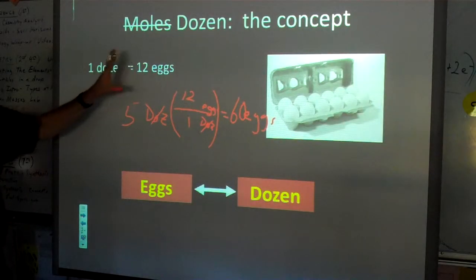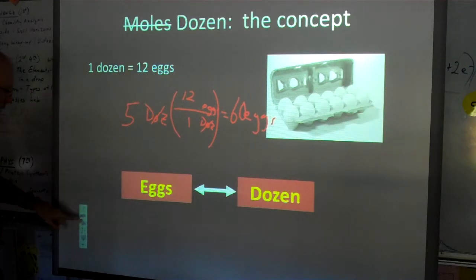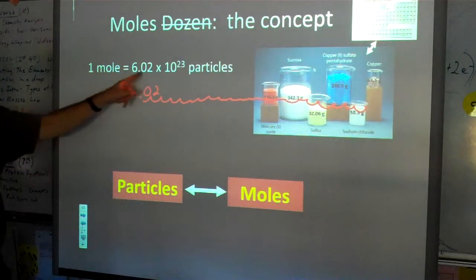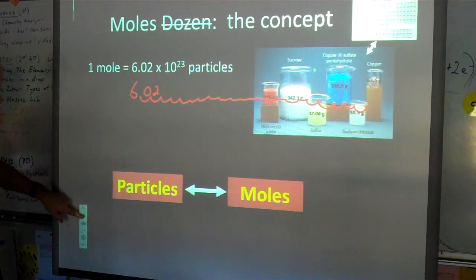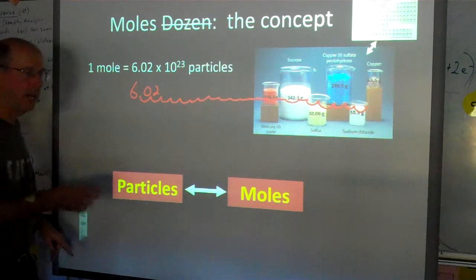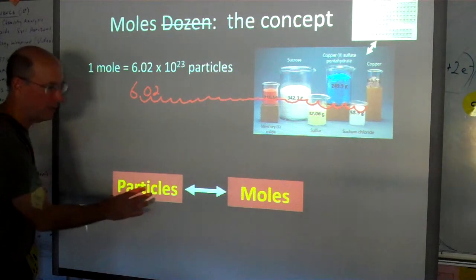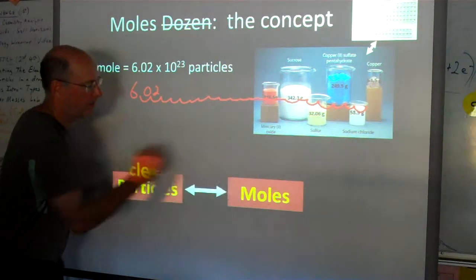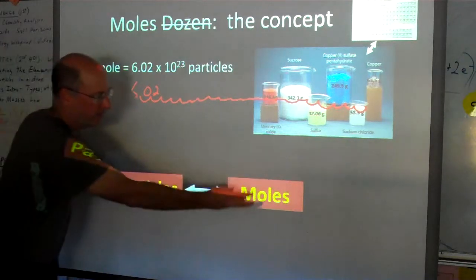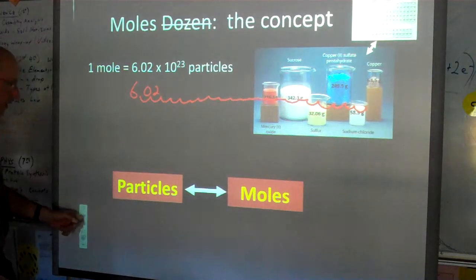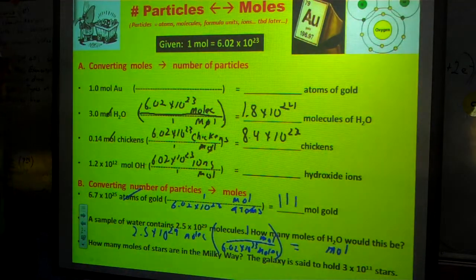We said that if you understand the concept of 1 dozen equaling 12 eggs, you'll understand moles, except the number is 6.02 times 10 to the 23rd. And the next slide has all of our sample problems in which we were given a certain number of particles and we were asked to convert to number of moles, or we were given number of moles and we converted to number of particles. And there's our work that we did.